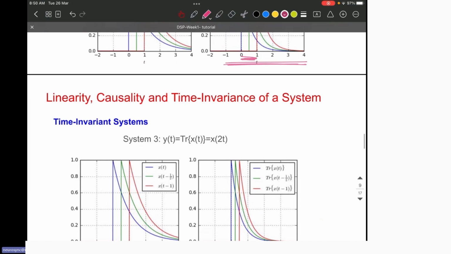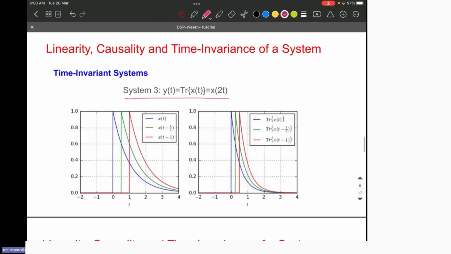Now let us take the third system, y of t is equal to x of 2t. If you apply these inputs on the system, you get this output. Just look at the output. There is a shift of half. Can you see the same shift here?